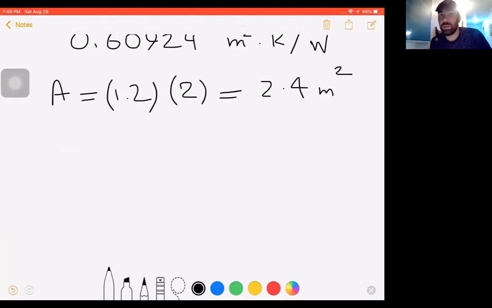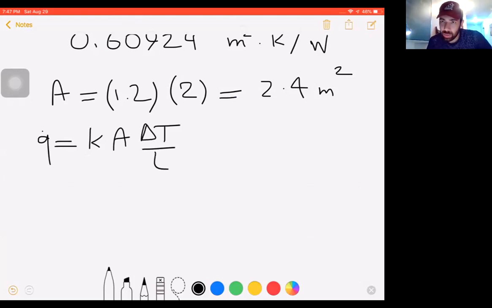There are very simple equations for conduction, convection, and radiation. Try to derive them every time you want to solve your question. If you remember, for conduction systems, we had K times area times delta T over L.